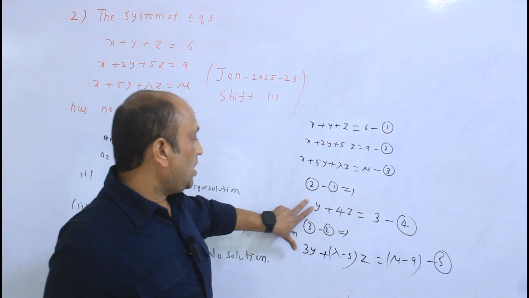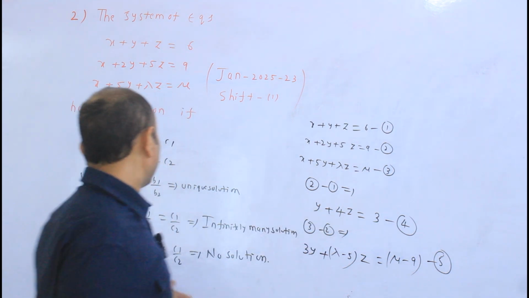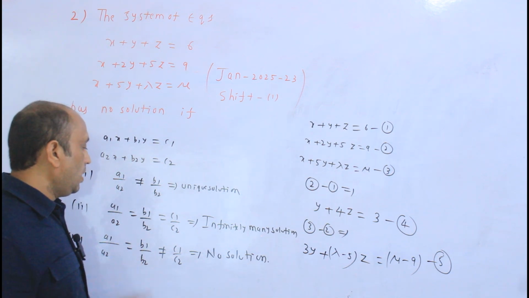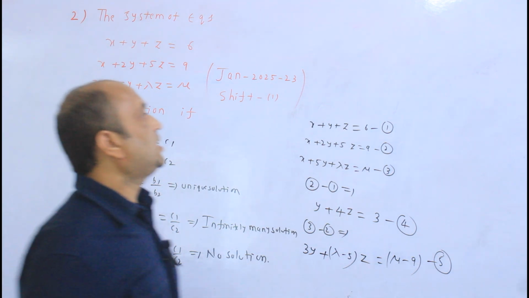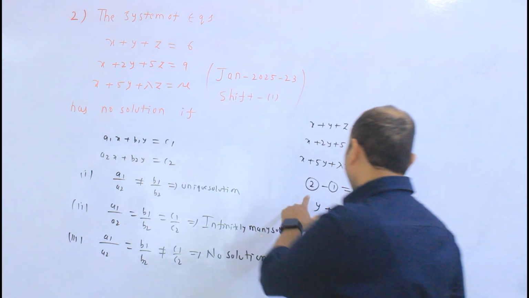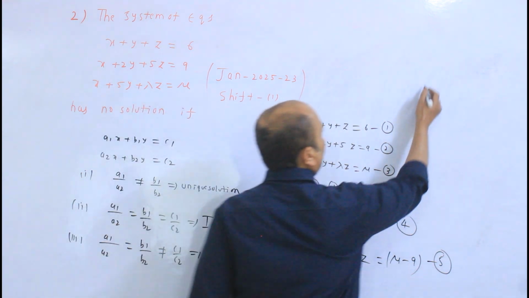Now we get two equations in two variables. Now apply the same condition, a1 by a2 equal to b1 by b2 not equal to c1 by c2. Now compare these two equations. a1 by a2 is 1 by 3.